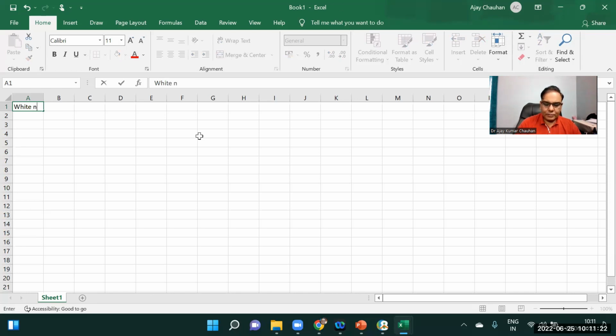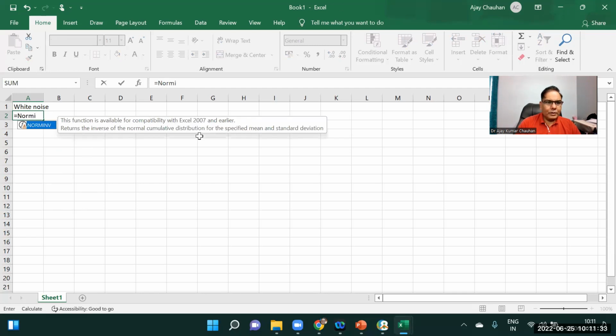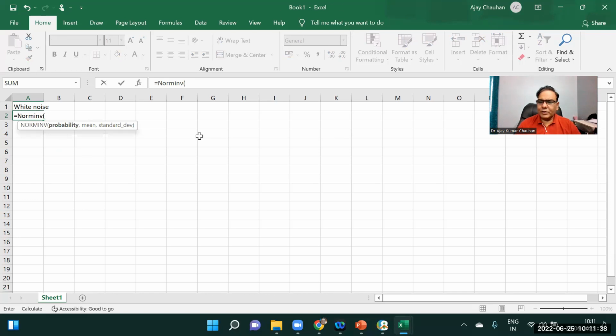So how to develop the white noise? I am applying the function NORM.INV, which will give me the x values with the random function, mean 0 and constant variance 1. The standard deviation is 1.